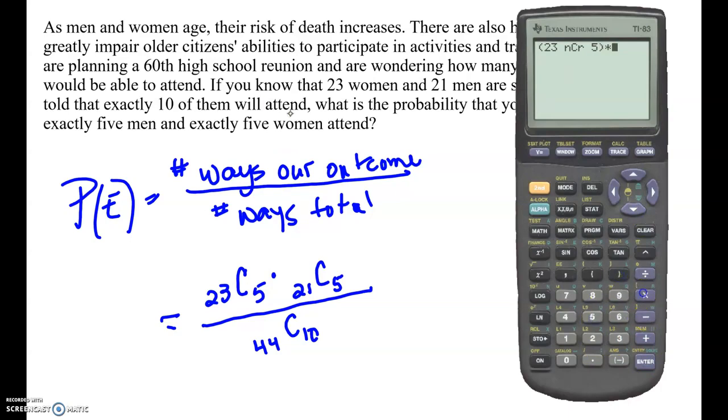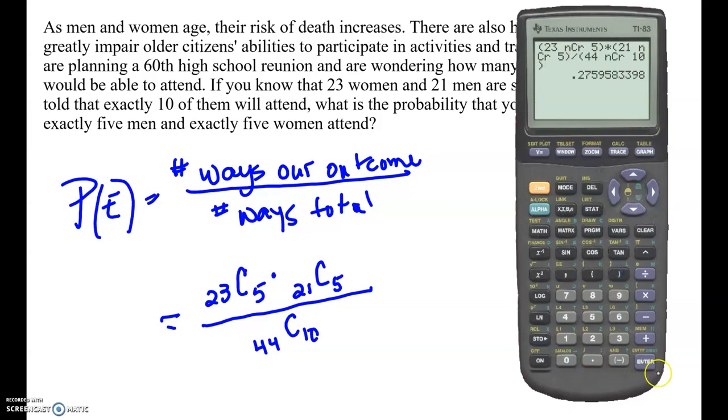Then we're going to multiply that by the 21, and again, math, probability, choose, and we're choosing 5 of those. Then we're going to divide that result by parentheses for the bottom, 44, math, probability, choose, and we would choose 10 out of the entire group of 44.